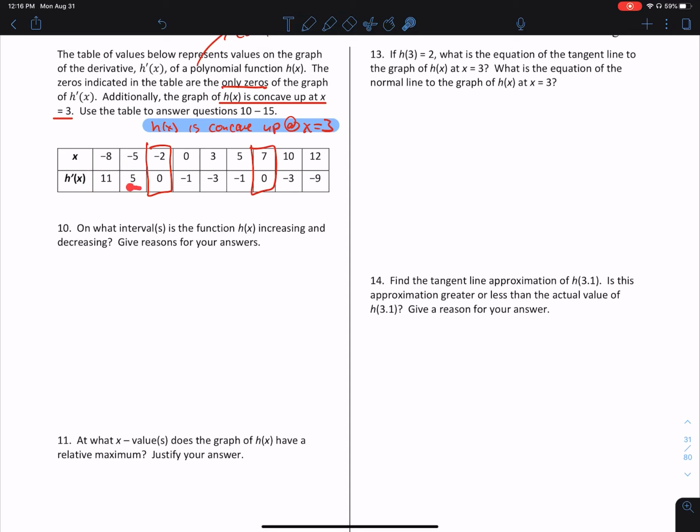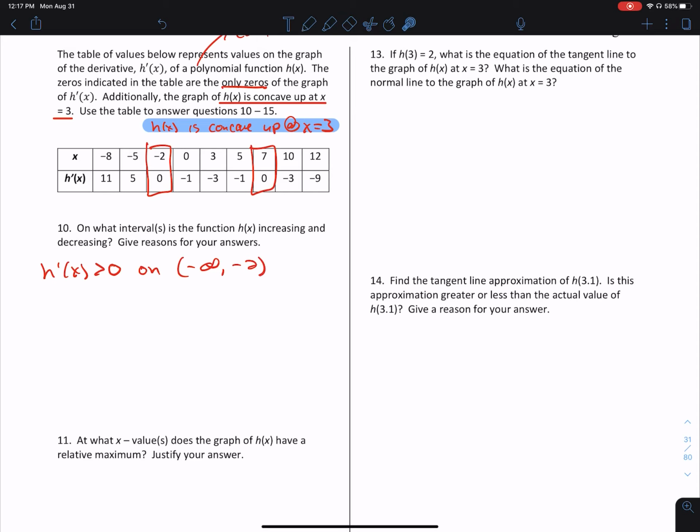It's going to be continually positive as we go to the left, because if it were to change to be negative, we'd have to have a zero at some place. So we can safely say that h prime of x is greater than 0, it means it's positive, on the interval from negative infinity to negative 2 non-inclusive.